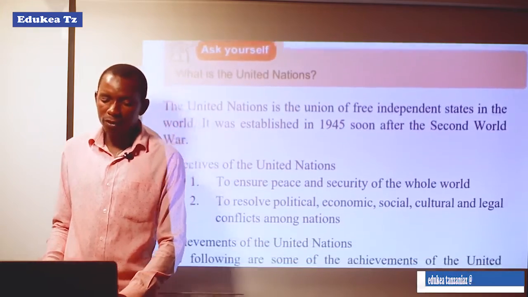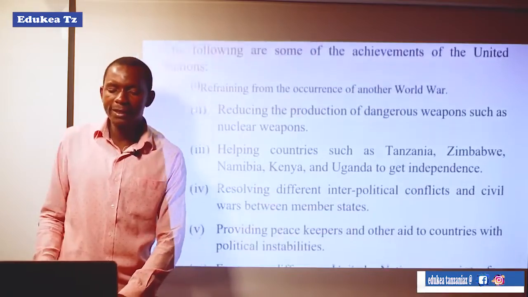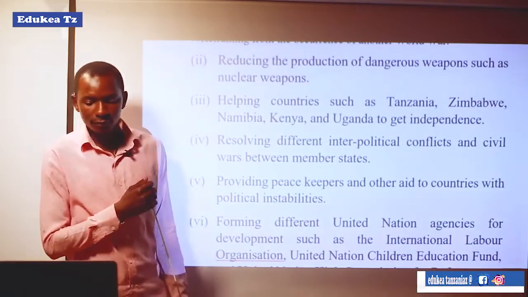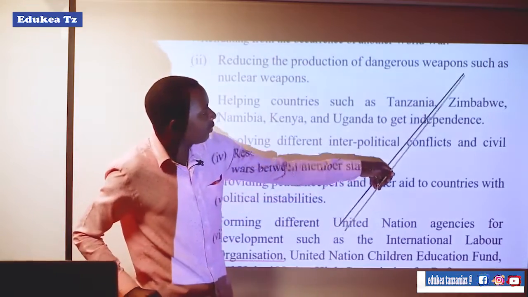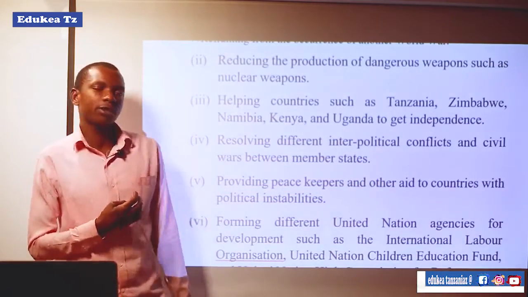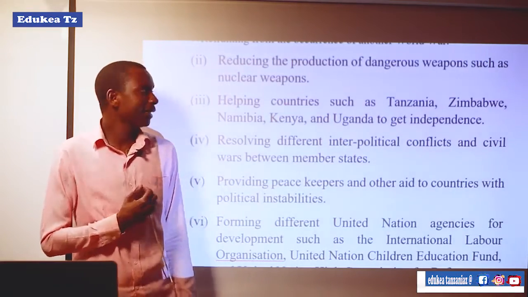So there are several objectives or aims, and they were achieved in several areas. Refraining from and reducing the production of dangerous weapons such as nuclear weapons. That is one among the achievements of the United Nations.